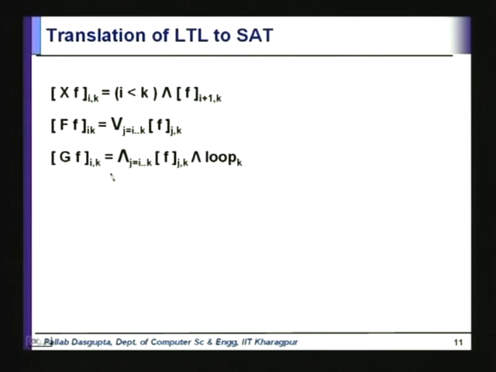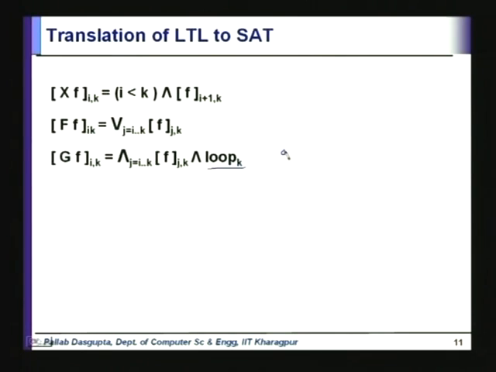G F_i^k is an AND over this thing. G F_i^k means that it should hold on every step, and then we add this clause loop k. So, this checks that F holds on all the steps from i through k, and then we also have a loop k.